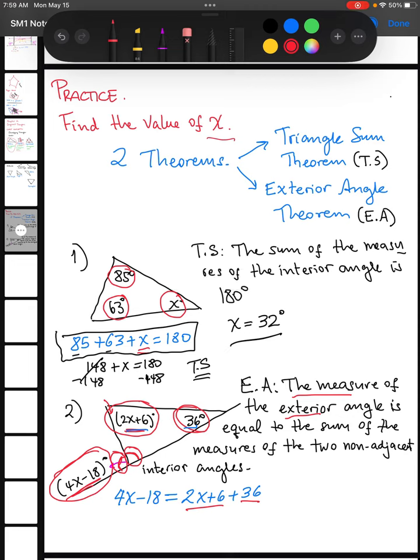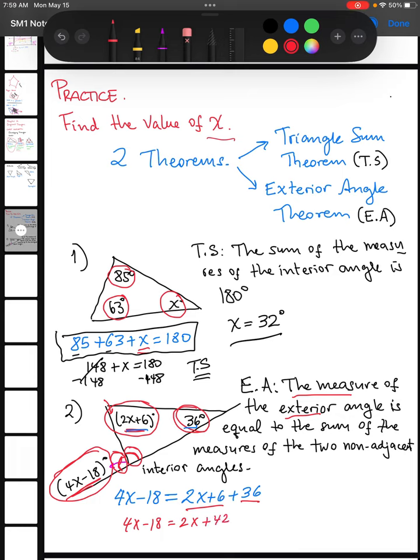Once you apply the exterior angle theorem, we can set up an equation where we just have to solve for x as usual, simplifying or combining as needed, and then doing reverse operations. So 4x minus 18 equals 2x plus 42.